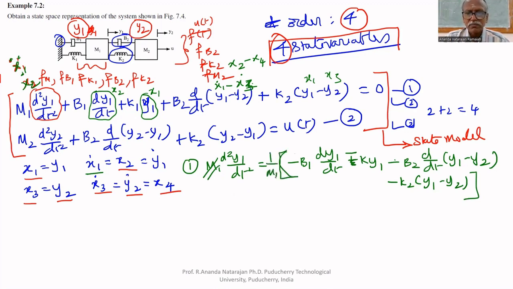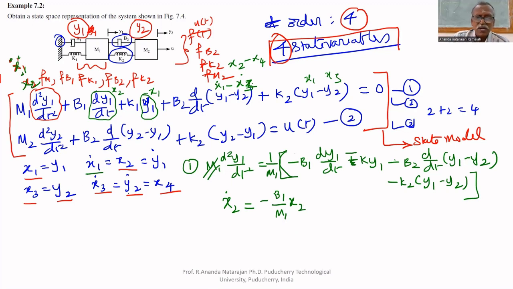1 by M1. Therefore, x2 dot equal to minus B1 by M1, dy1 by dt is x2. On the right hand side we should not write any derivative. That's why we should not put x1 dot, we should put x2, because x1 dot equal to x2.